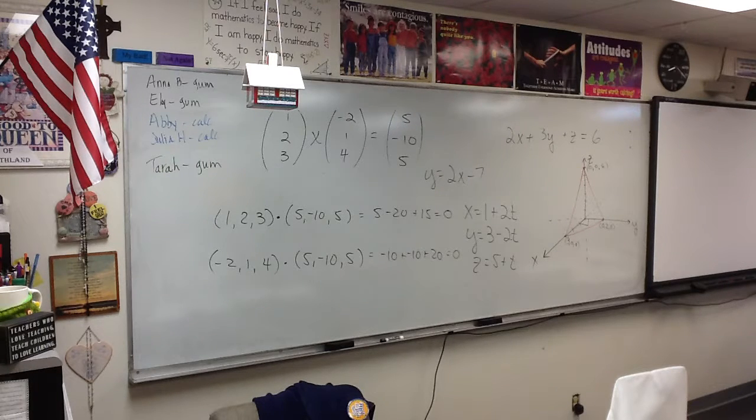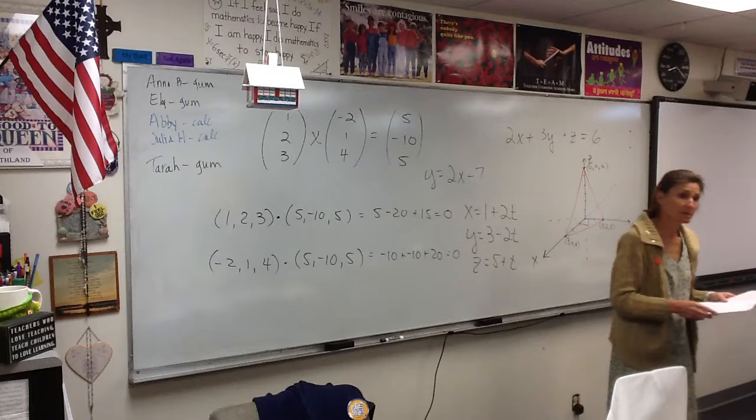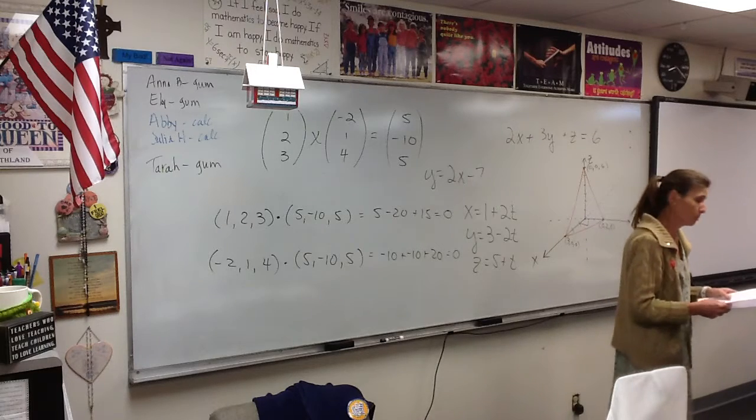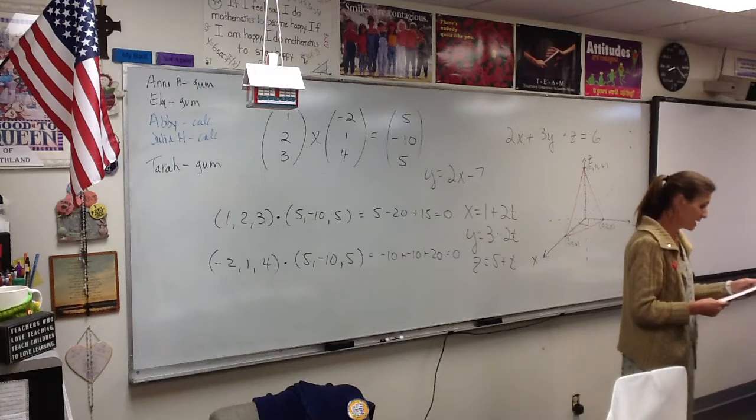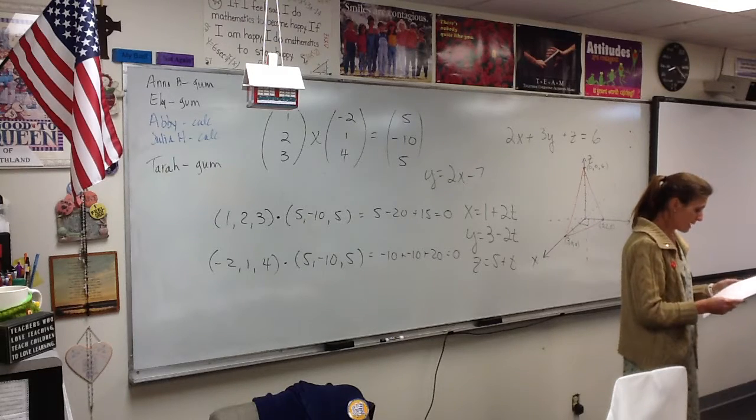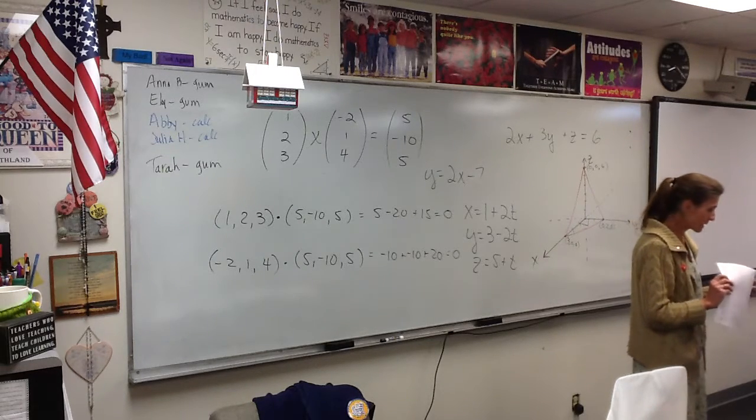B squared minus 4AC. And what are the rules about the discriminant? Negative is an ellipse. If the discriminant comes out to be negative, you have an ellipse. Positive, it's a hyperbola, and 0 is a parabola. Okay, good. Would you get out your packet?